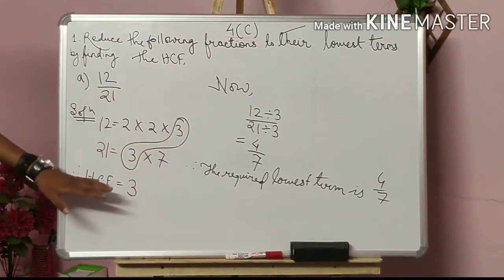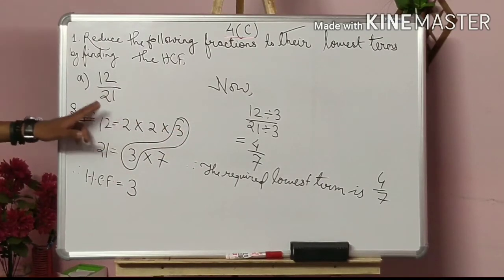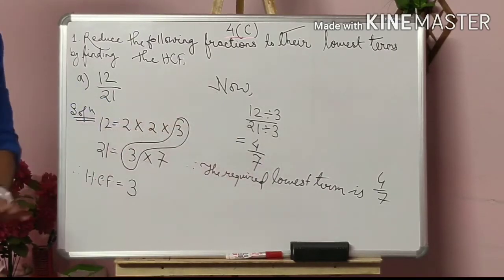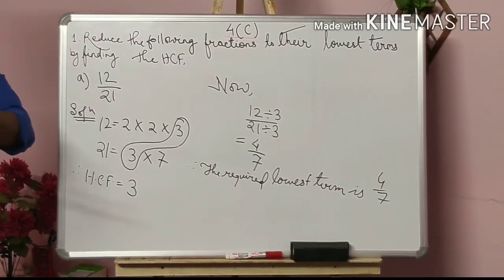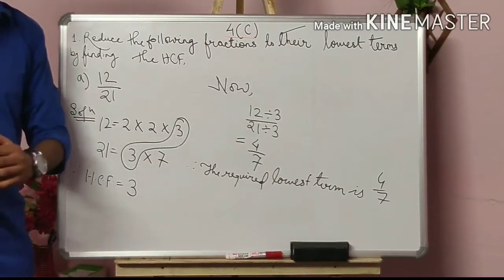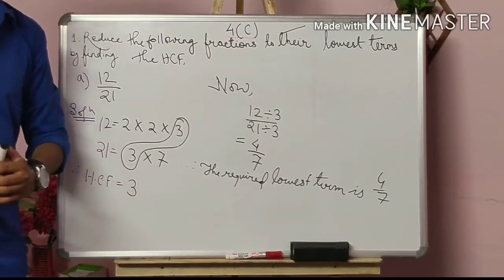Just divide the fraction in the question with the help of your HCF, and you will be able to get the lowest terms. There are only 2 steps: find the HCF of the fraction, and after that just divide the numerator and denominator with the help of your HCF, and you will get the value.